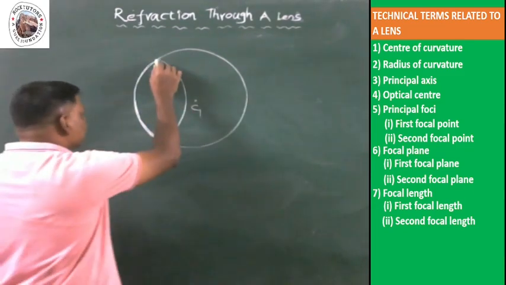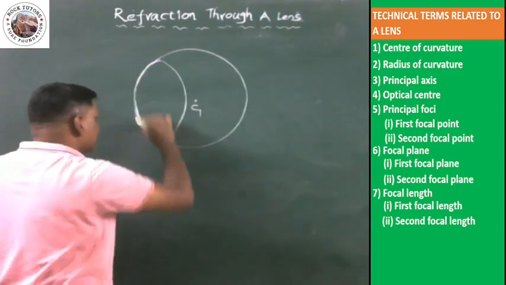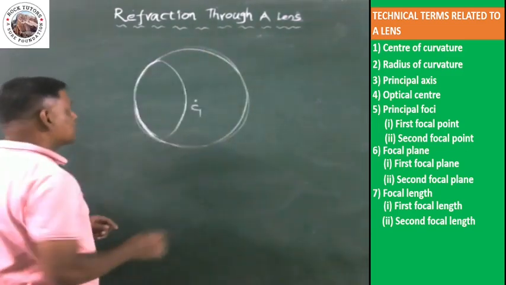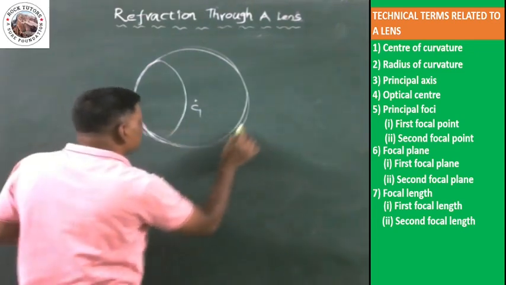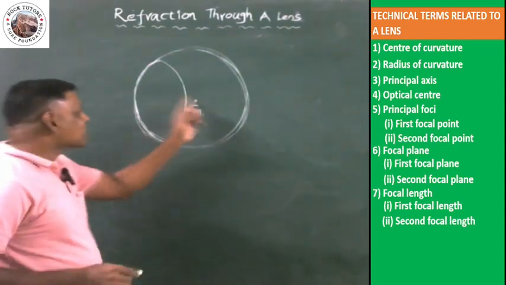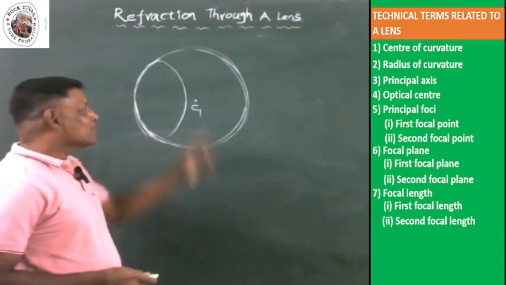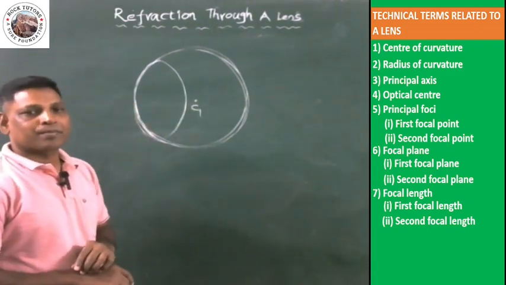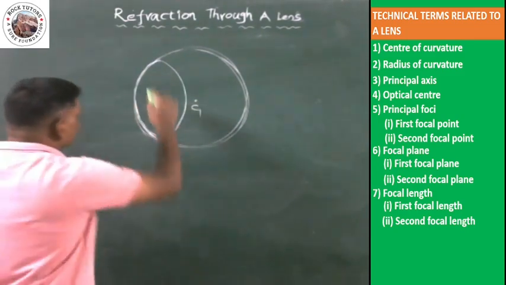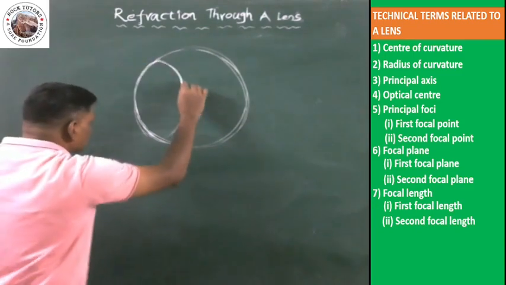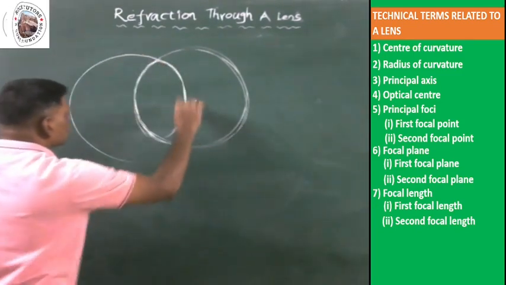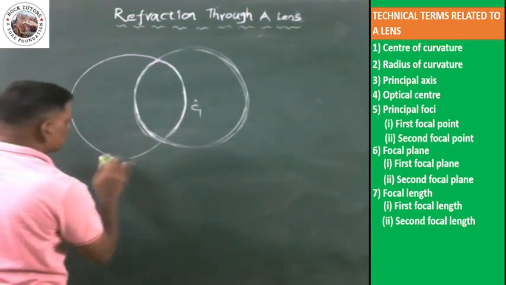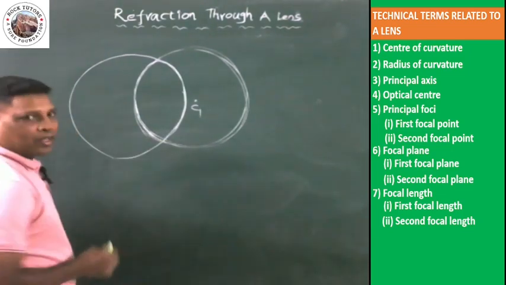So, this curve is a part of the same sphere. That's why this center is called a center of curvature. Now here, for this curve also, this is a part of a hollow sphere.